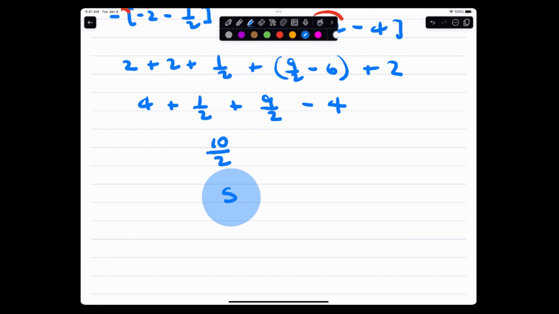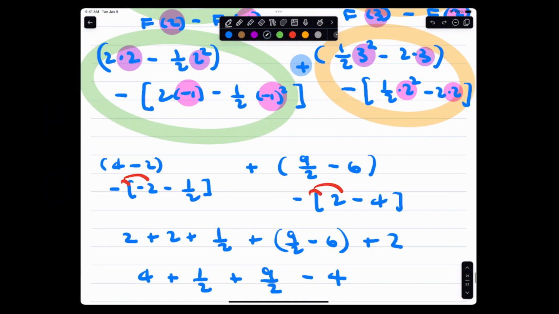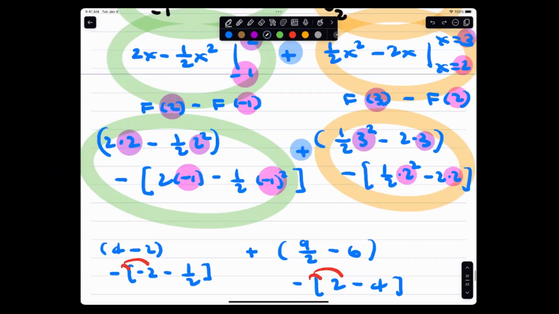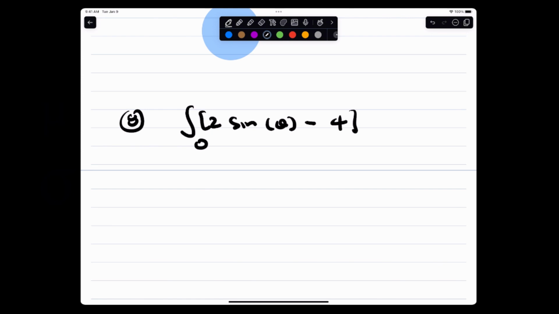All right, let's try this one here. Let's do number 8 here. We want to make up an 8 here. We got to integrate 2 sine theta minus 4 from 0 to 2 pi.